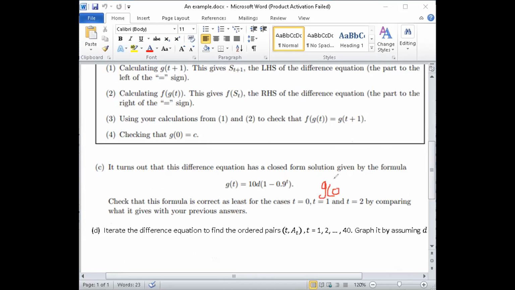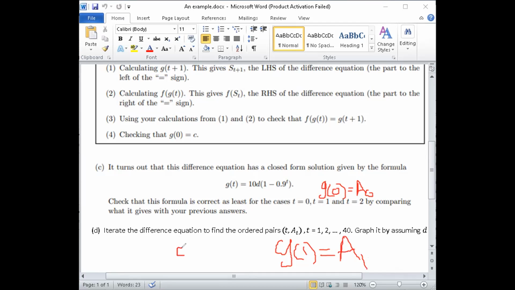Same with a of 0. If you compute g of 1, you will get a sub 1 and so on.